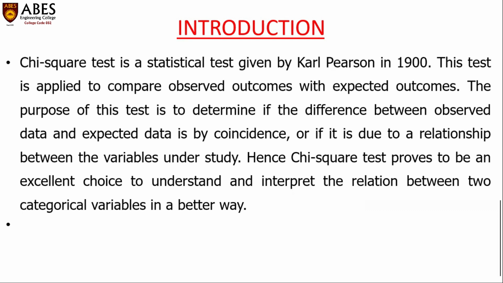That is, to identify whether the observed outcome and expected outcome are significantly different or whether the difference between them is quite insignificant. So this test proves to be an excellent choice to understand and interpret the relation between two categorical variables in a better way.